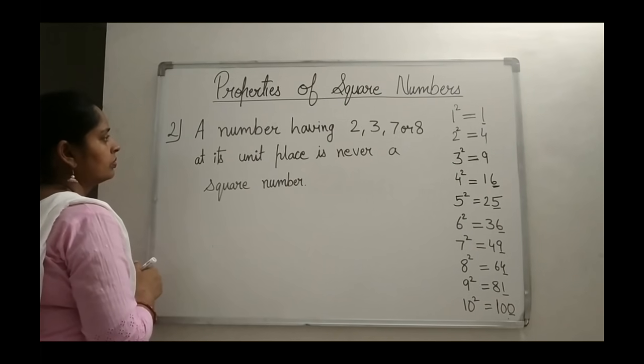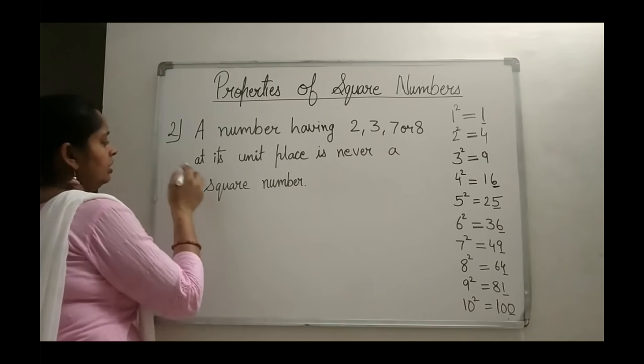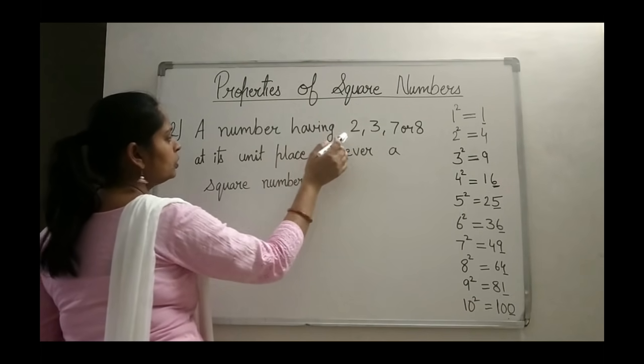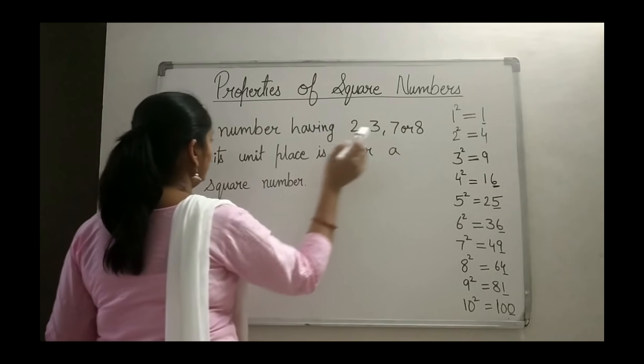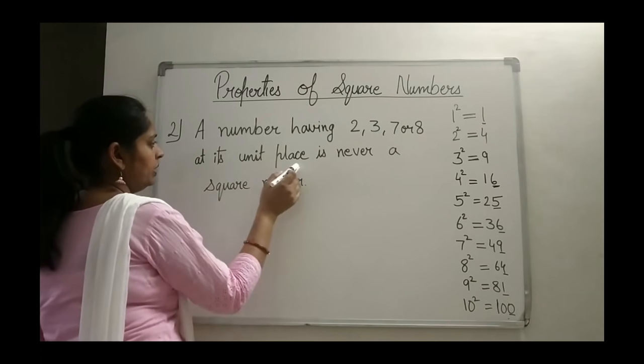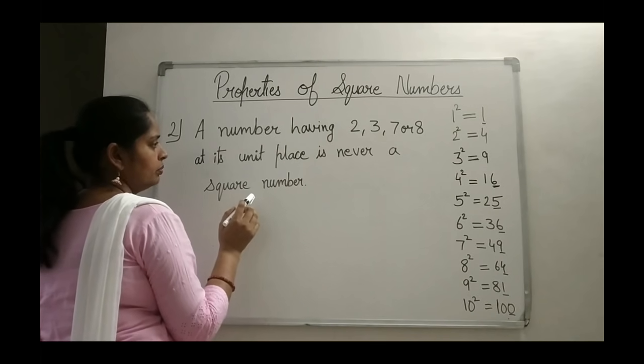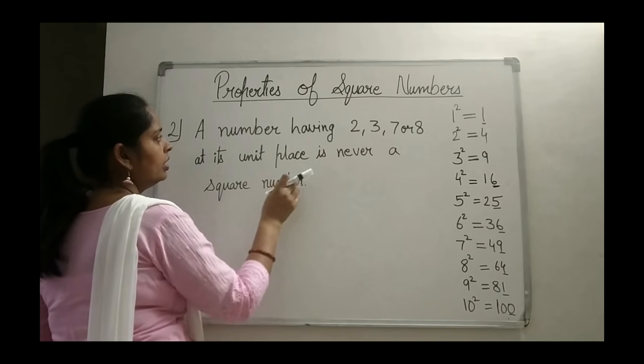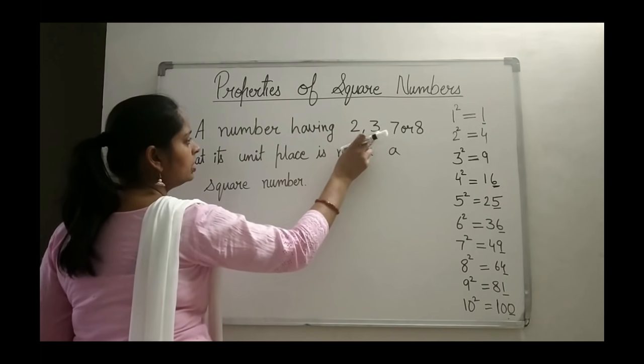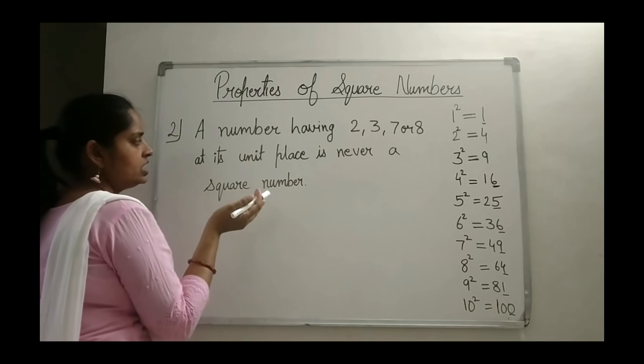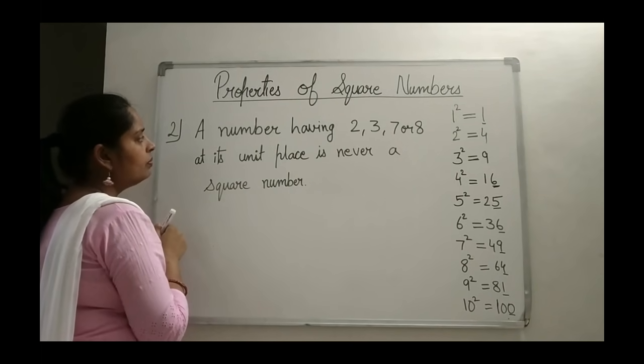Fine? Okay. The second property is, a number having 2, 3, 7 or 8 at its unit place is never a square number. Means any number which has 2, 3, 7 or 8 at the ones place or unit place is never a square number.